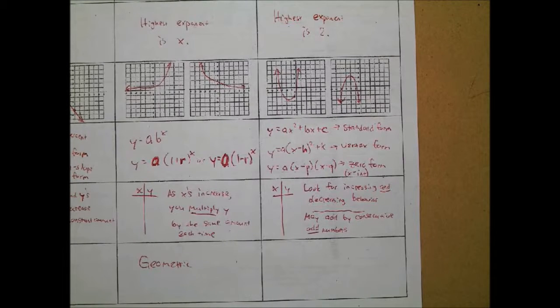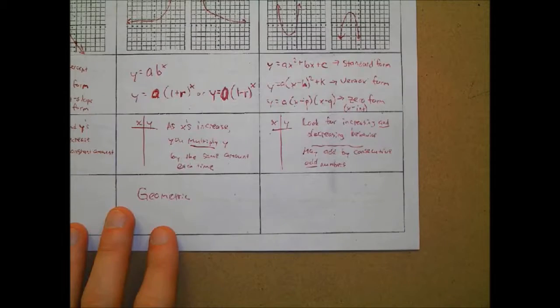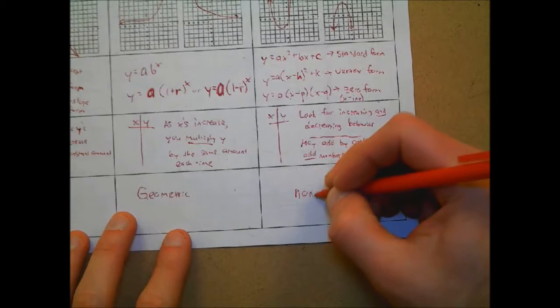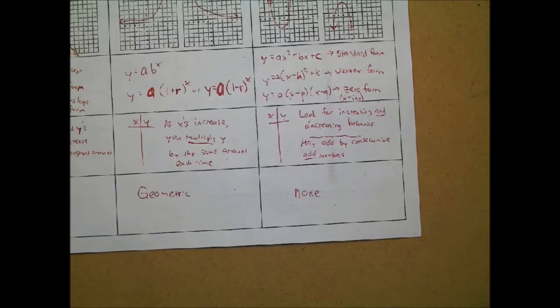That'd be a quadratic pattern, because the second difference is constant. Anyway, there is no sequence associated with quadratics. Okay, we don't have one. Quadratic does not have a sequence associated with it.